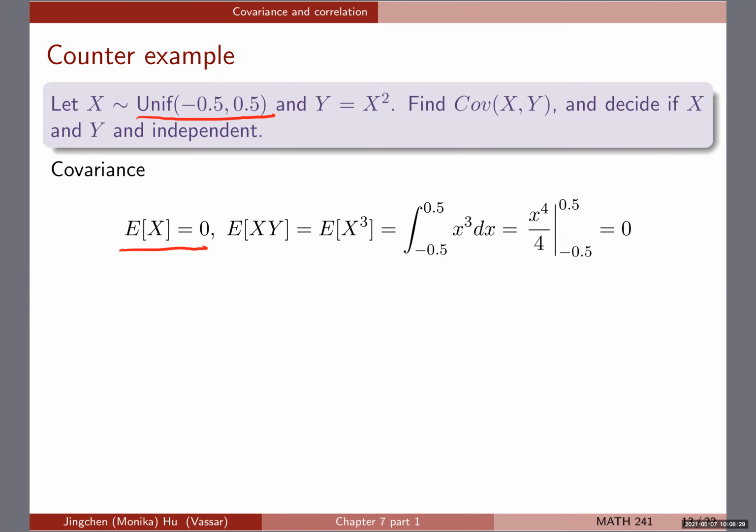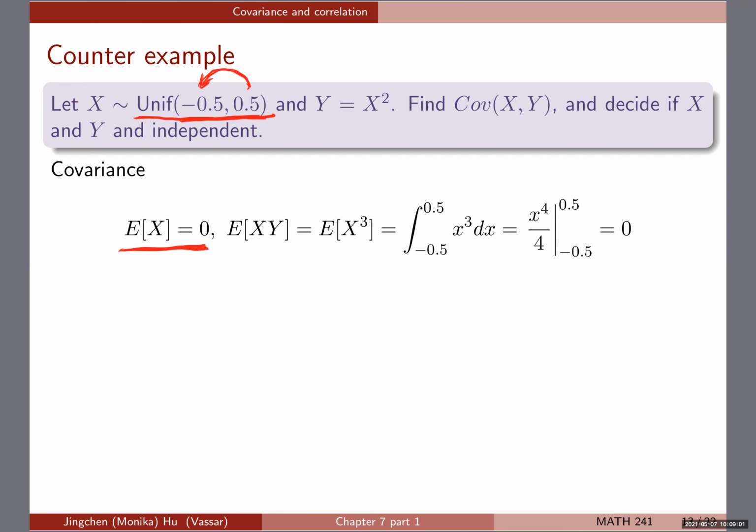If you do the math, you will realize it's zero, but also we know the result for a uniform: the expectation is the lower bound plus the upper bound, divided by 2, which is the mean, which is 0. If you think about it, it's centered at the middle point, which is 0 in this case. So the expectation of x is 0.